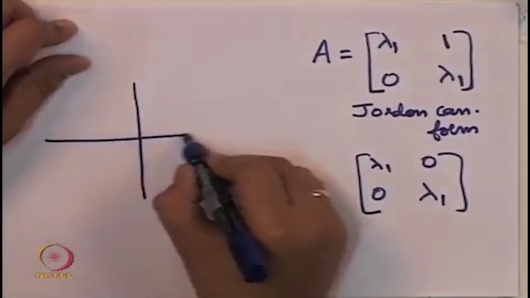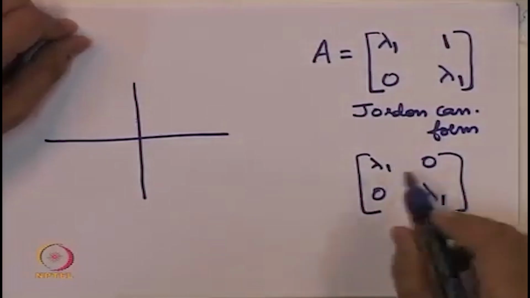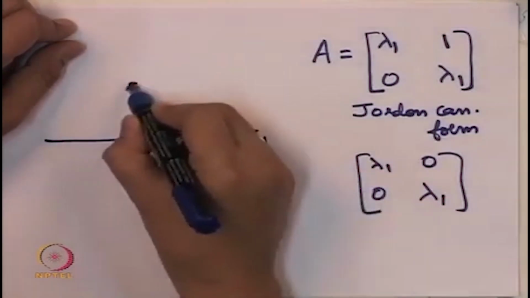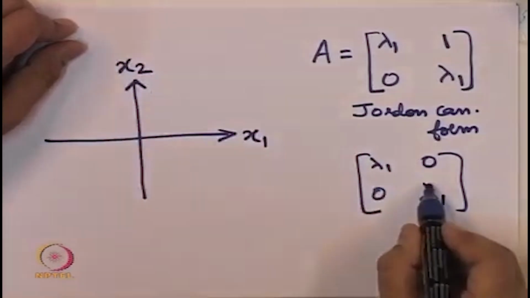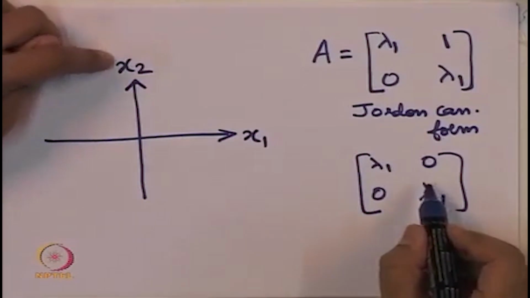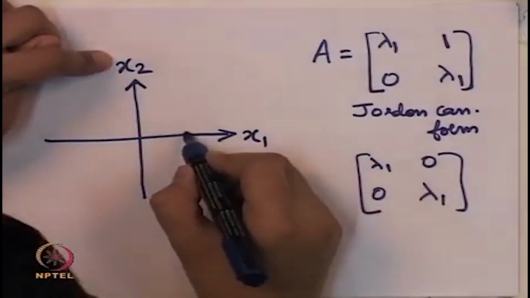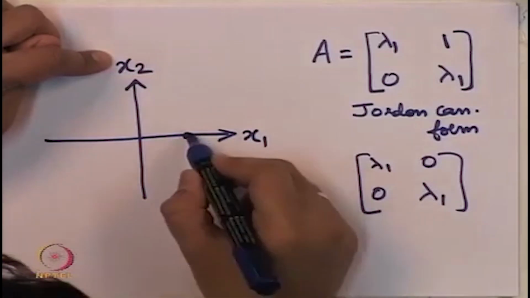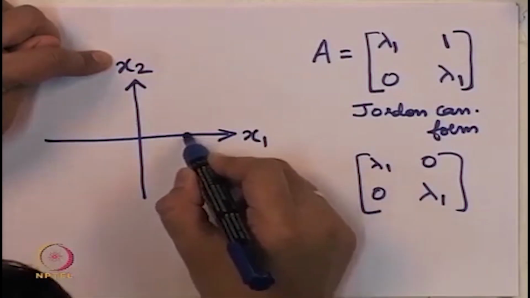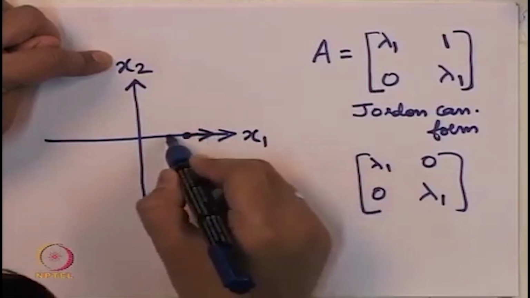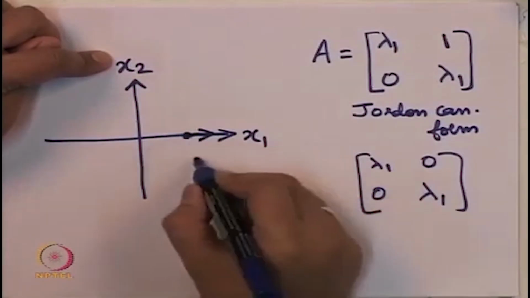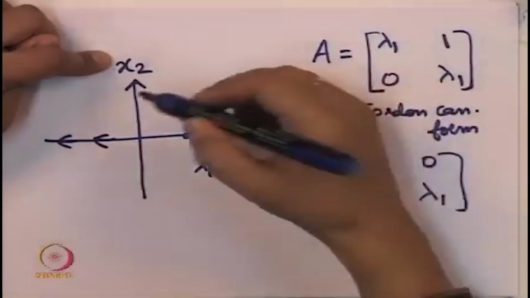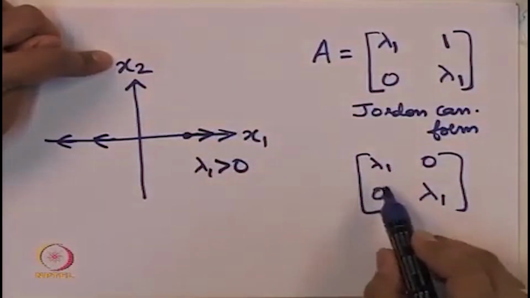What is the significance of a diagonalizable matrix? We saw that the eigenvectors are so-called invariant directions. In this particular example, the x1 and x2 directions are themselves eigenvectors. If we are along an eigenvector, then depending on lambda 1 being positive or negative, the arrows are directed either away or towards the origin. This is the case when lambda 1 is greater than 0, so let us restrict our study to that situation.